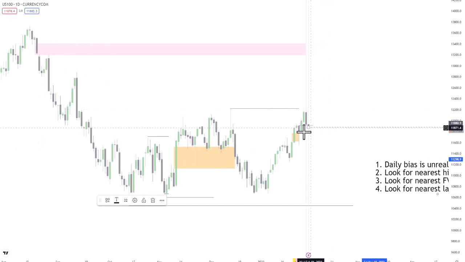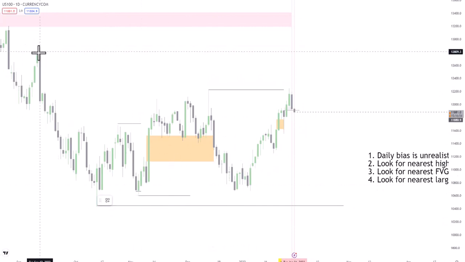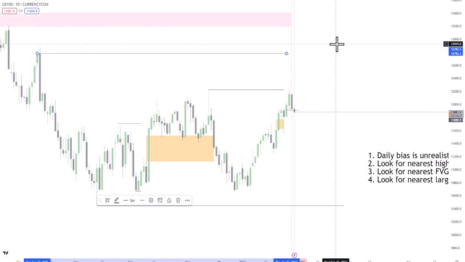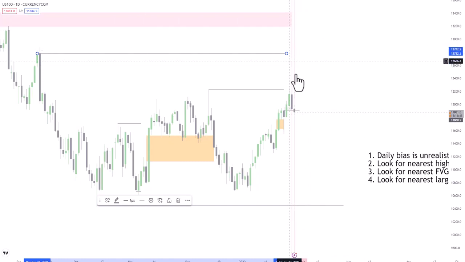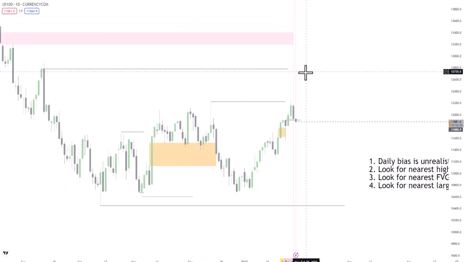But if price takes out this buy side liquidity, then maybe taps into this rejection block, there's a rejection block right here, and after tapping into it forms a reversal pattern, and there are different reversal patterns I look out for, you can study the chart to find out yours.